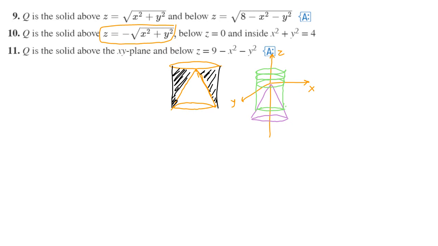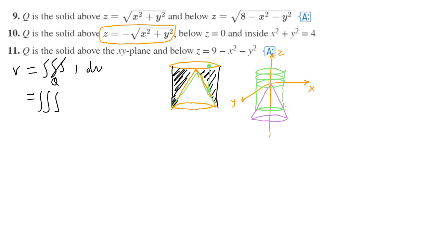Now, how to find the volume of the solid? Volume is triple integration of 1 dV over Q. Q is what? Z is bounded below by the cone and above by the XY plane.